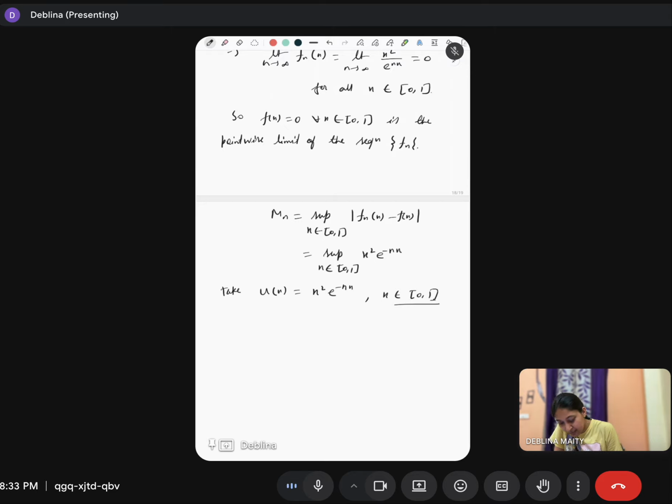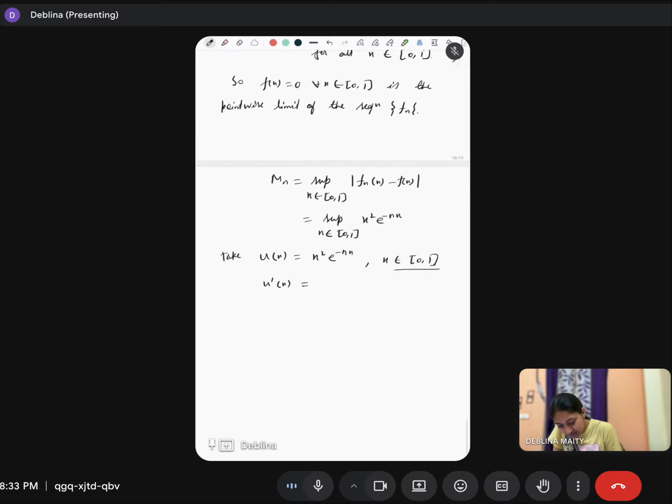So for maximum, what we do? We take the derivative and set the derivative to be 0, and that gives the critical points, right? So u dash x is plus or minus x e to the power minus nx into (2 minus nx), right?